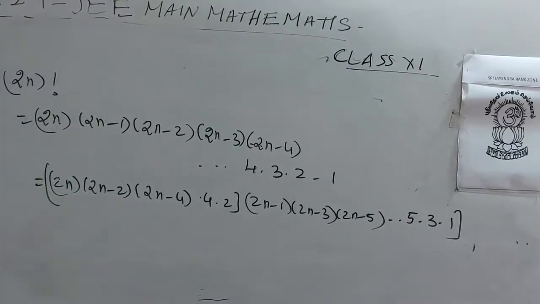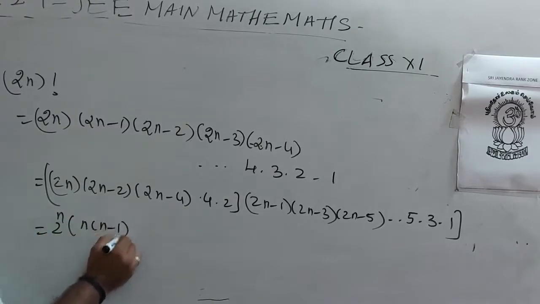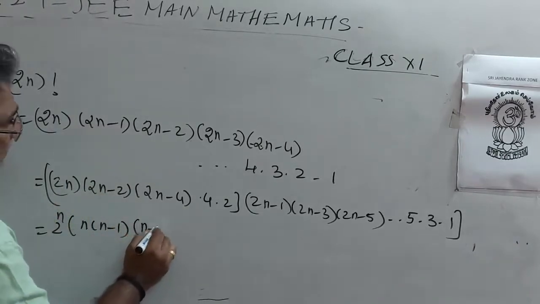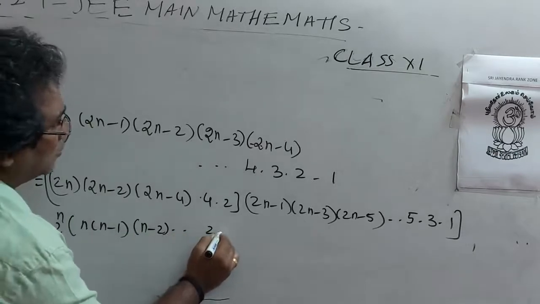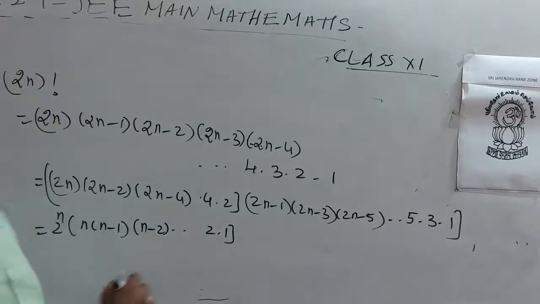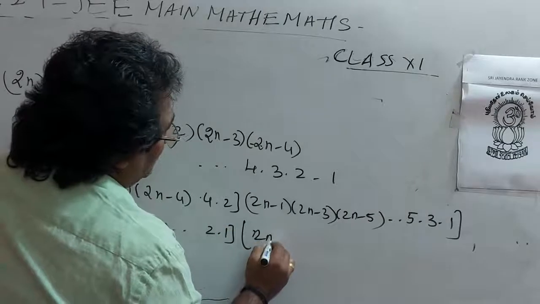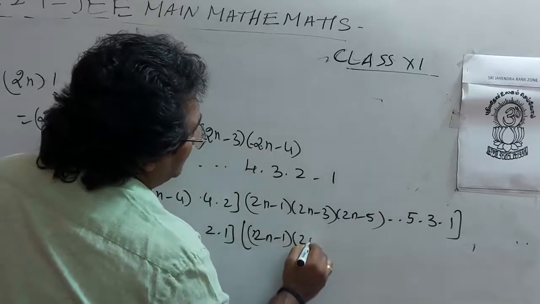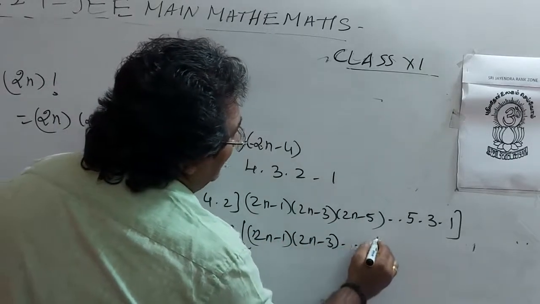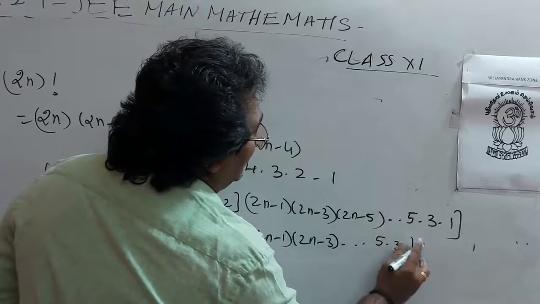These are even numbers, so you can take 2 in common, n times. That is 2 power n into n. If you take 2 in common, n, n minus 1, n minus 2, down to 2, 1.